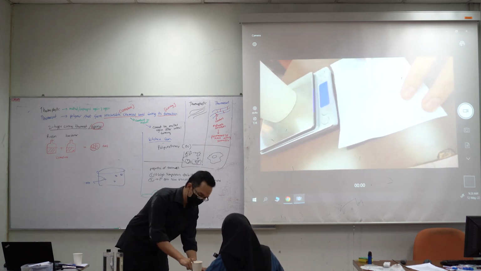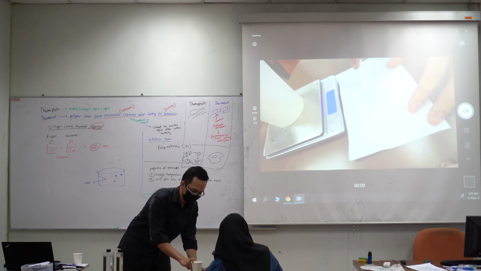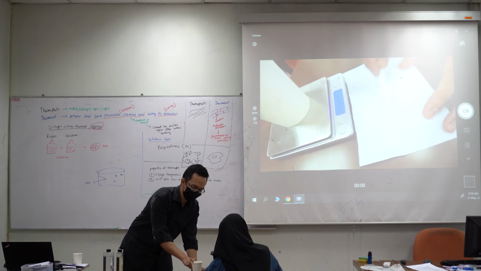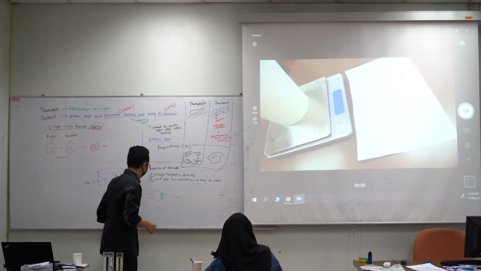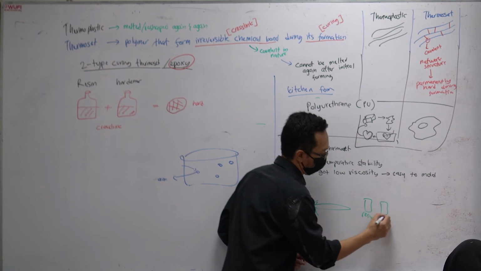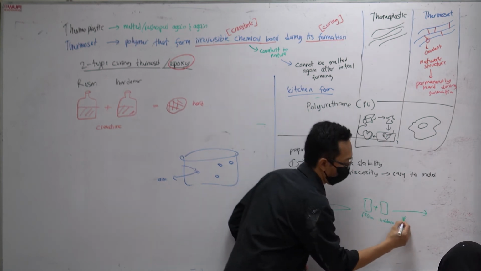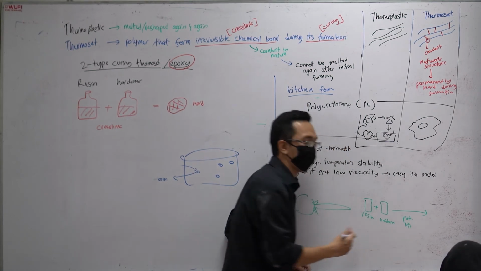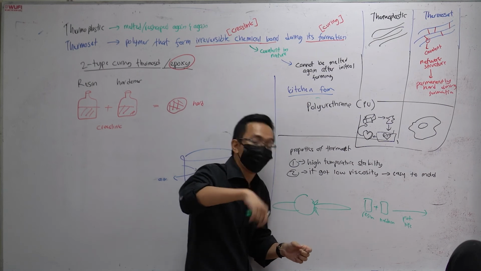So you can see it has already become quite viscous. From this until it becomes fully hard, we call it pot life, P-O-T L-I-F-E. So you have the epoxy here, you have the resin, and then you have the hardener. You add them together, and the pot life is the duration when you can still play around.